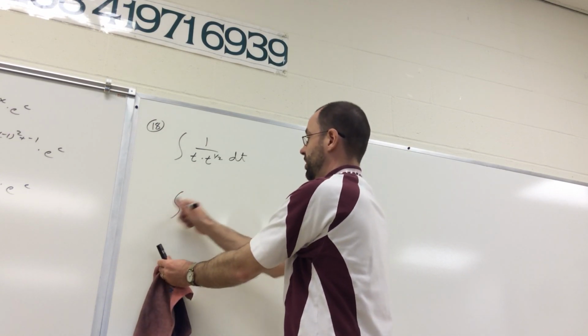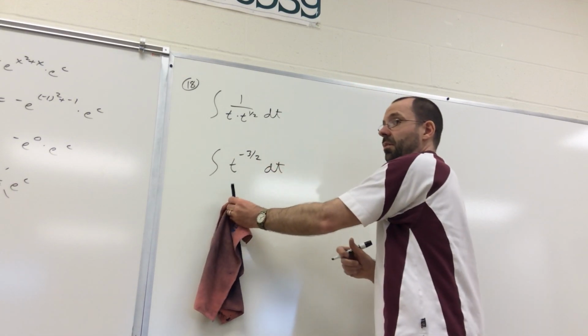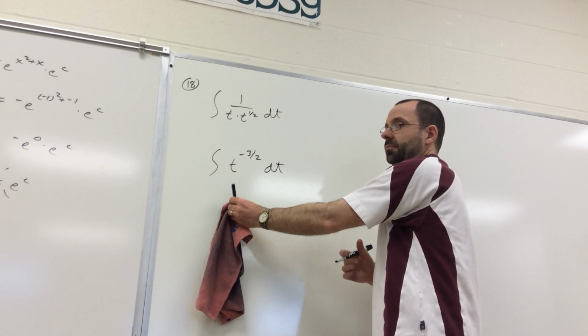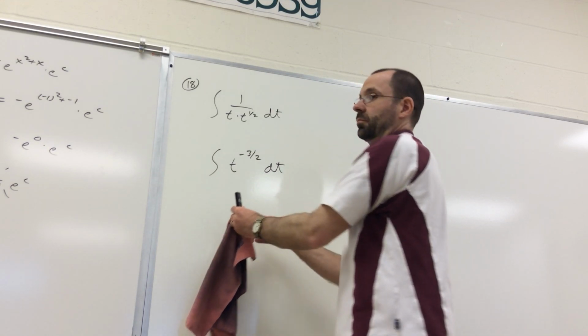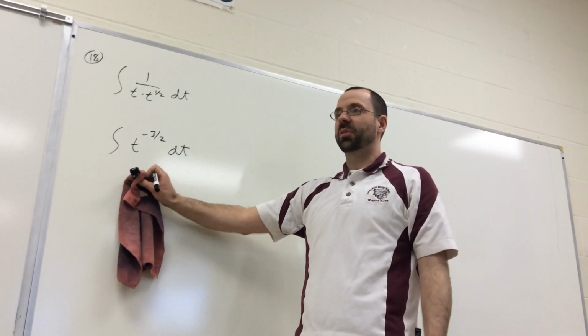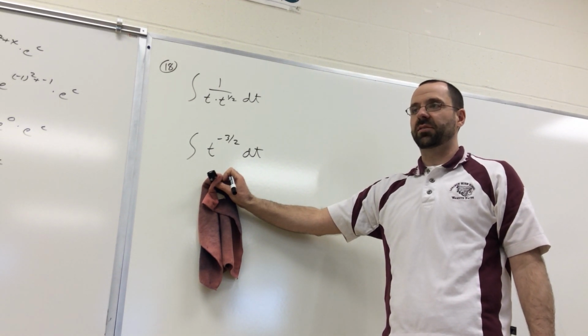So then this is just the integral of t to the negative 3/2. If you simplify first, then it's easy. This is just a weird one where you need to do some simplifying first before you attempt to take the antiderivative, because otherwise it's hard to find the antiderivative.